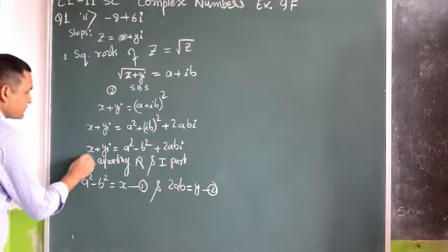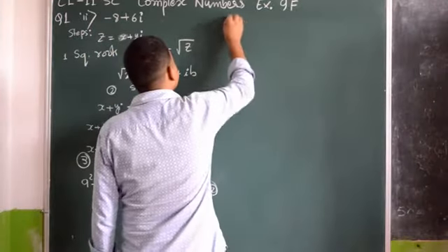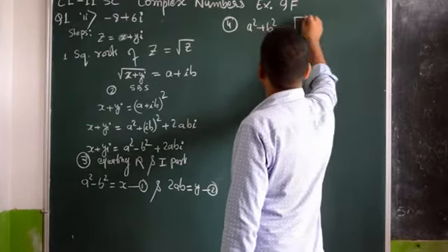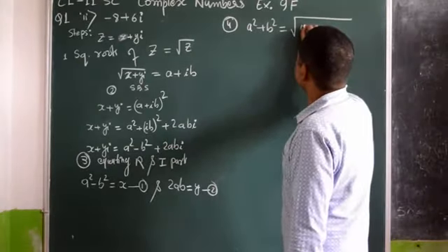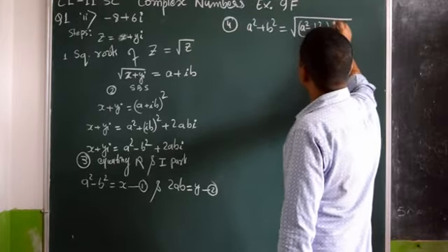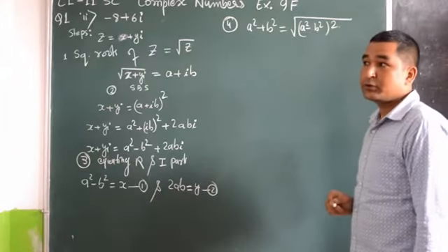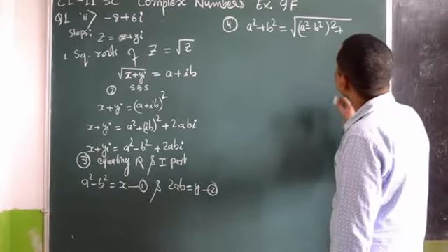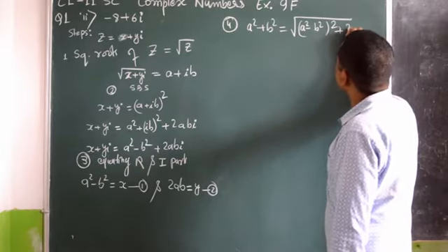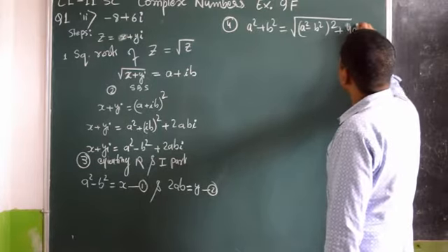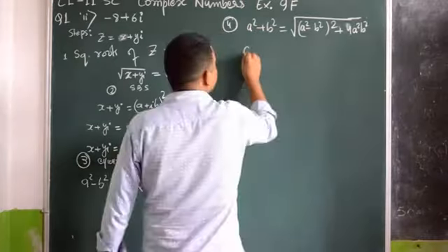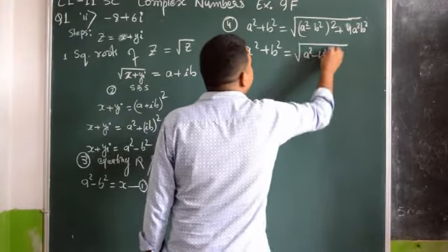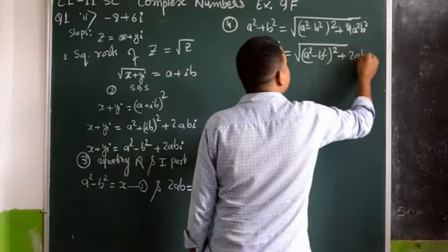This is step 3. Then step 4, get the value of a square plus b square by using the formula. a square plus b square equals the square root of (a square minus b square) whole square plus 4a square b square, or a square plus b square equals the square root of (a square minus b square) whole square plus (2ab) whole square.